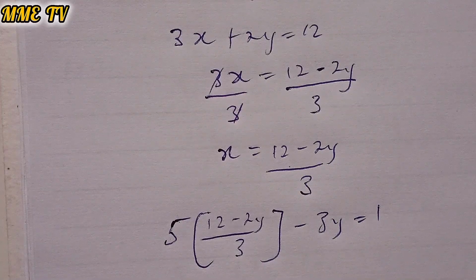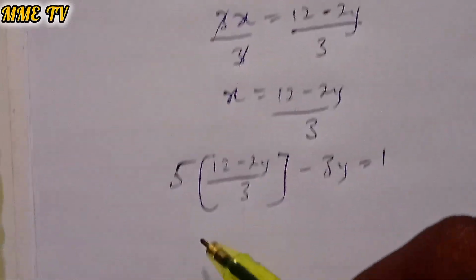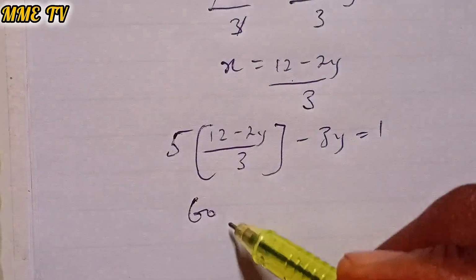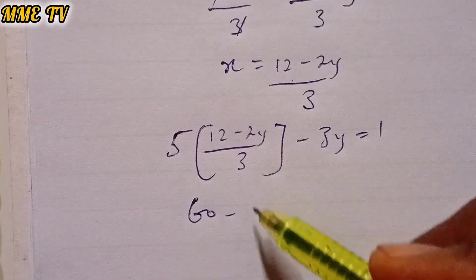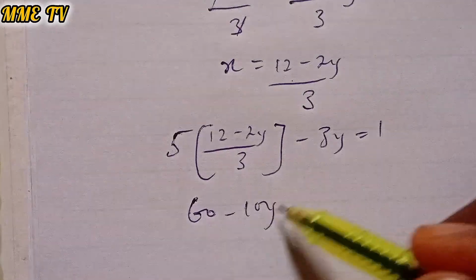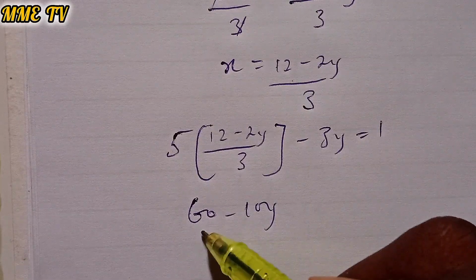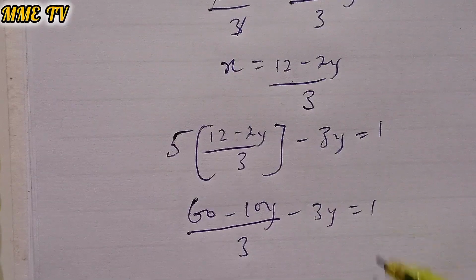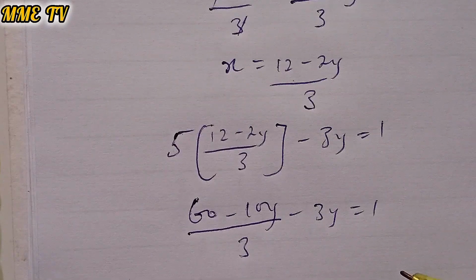Because from what I am having here, nothing can cancel, I can just use what is outside of the bracket to multiply through: 5 times 12, 60, and 5 times 2y, 10y, over 3 minus 3y is equal to 1.